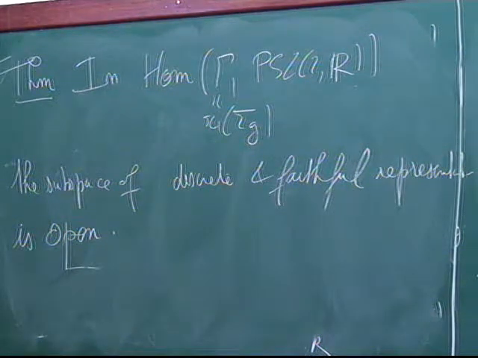So you start with a representation of the fundamental group of a surface on the Poincaré disk, which is acting freely, properly, discontinuously. You change a little bit the representation, and by some kind of miracle, after this perturbation, the new representation is still discrete, free, proper, etc., and still defines a Riemann surface.